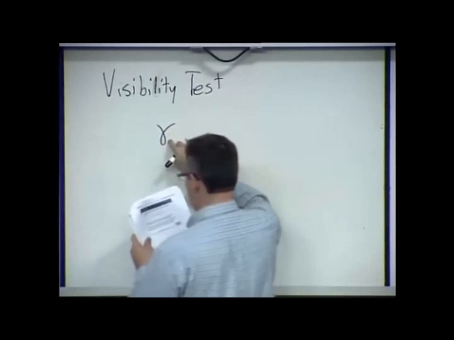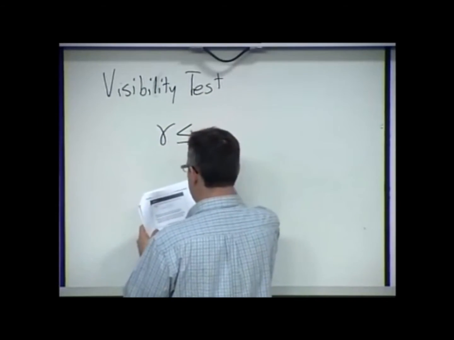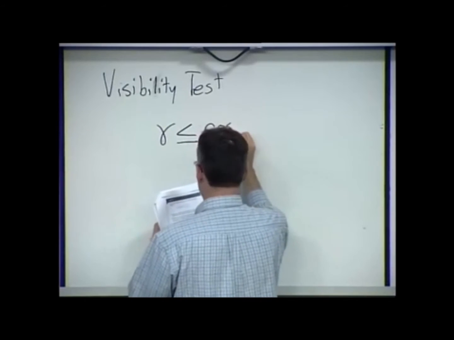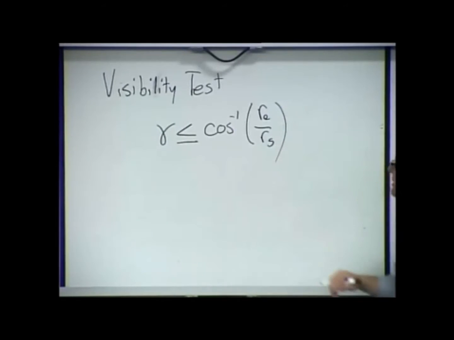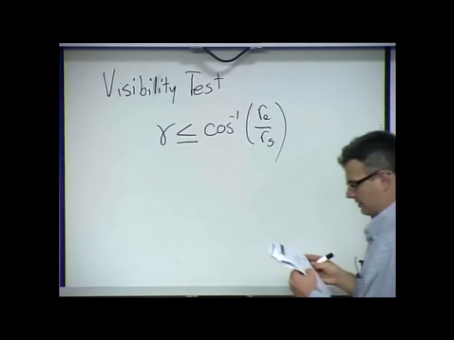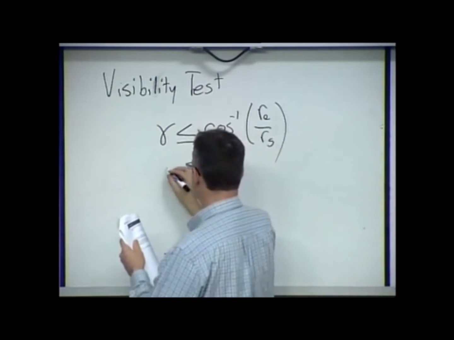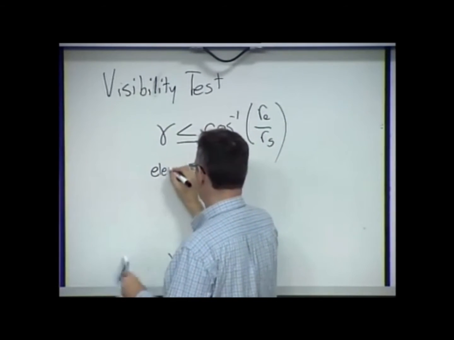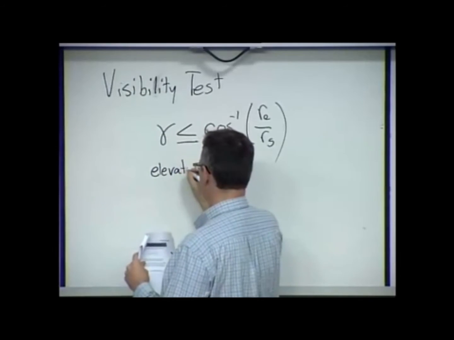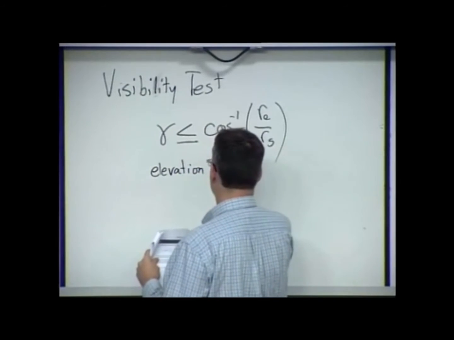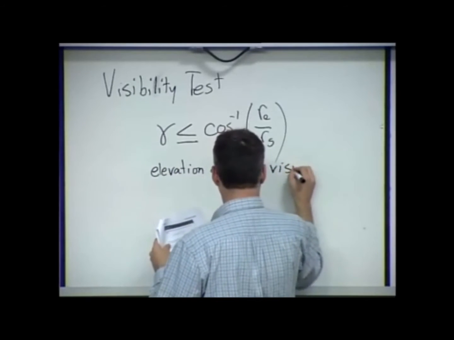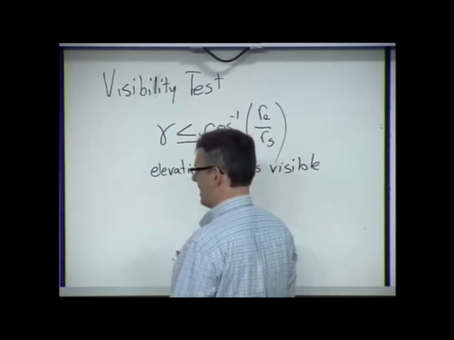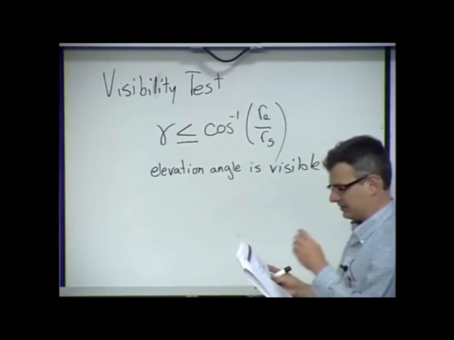They calculate gamma, and if gamma is less than or equal to the arc cosine of RE over RS, then the satellite is visible. It has not dropped below the horizon.